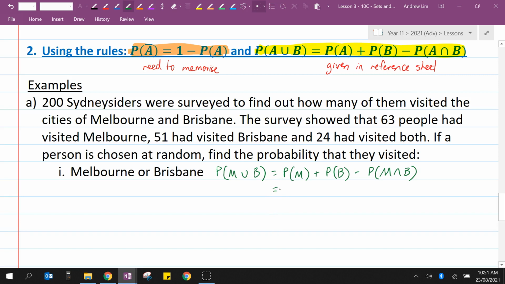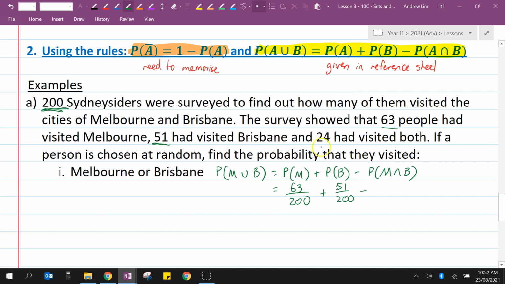So how many people visited Melbourne? We can see that's 63 out of 200, because there were 200 that were surveyed. How many visited Brisbane? 51. So the probability is 51 out of 200.